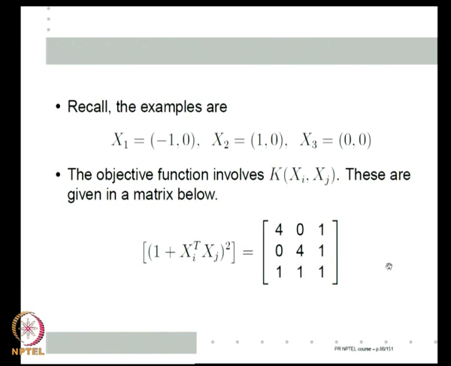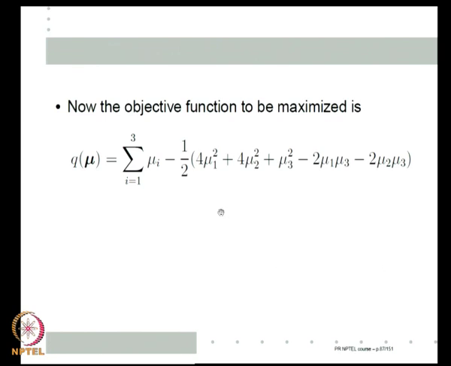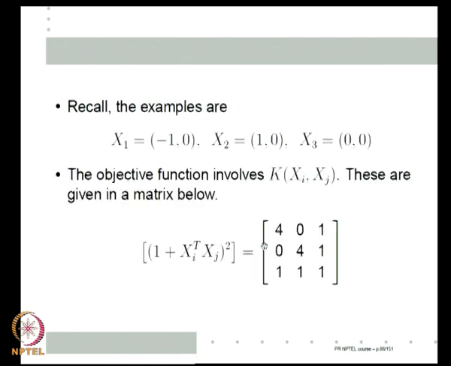Okay. So, what will be my dual now? My dual is q of mu, the objective function is the sum for i equal to 1 to 3 of mu i plus the quadratic form on this. So, 4 mu 1 square plus 4 mu 2 square plus mu 3 square.